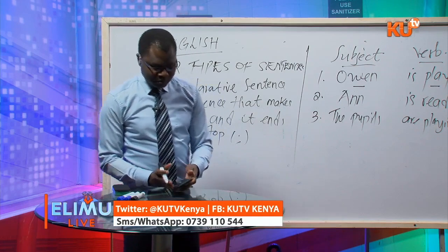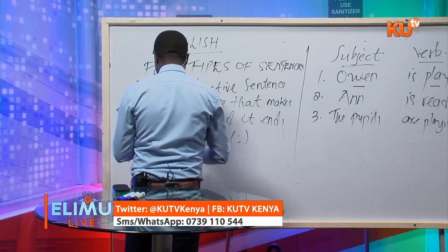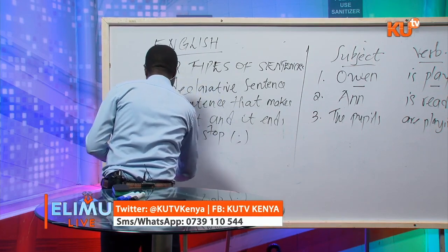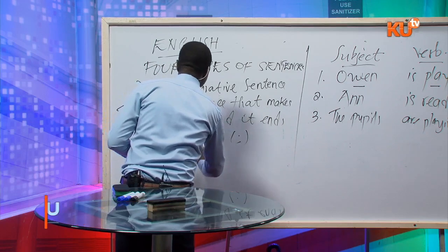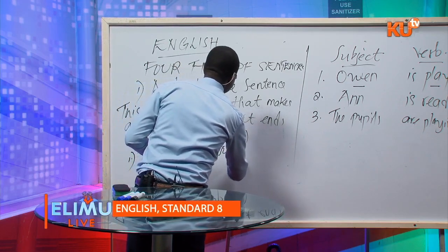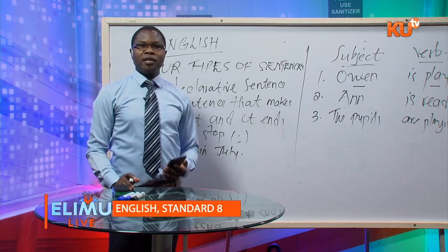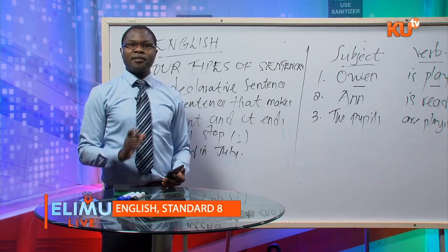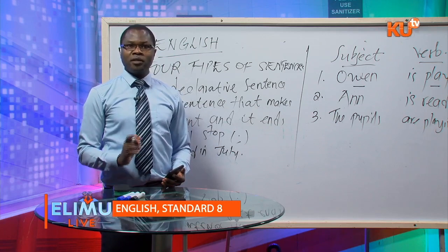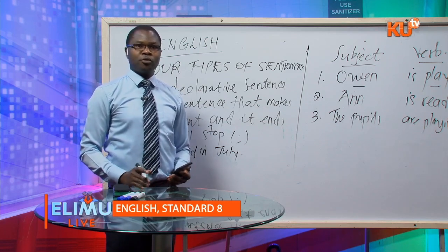Number 1, it is called in July. This is an example of a declarative sentence. It is just a statement made, and it ends with a full stop.